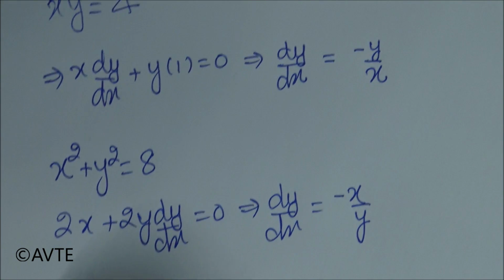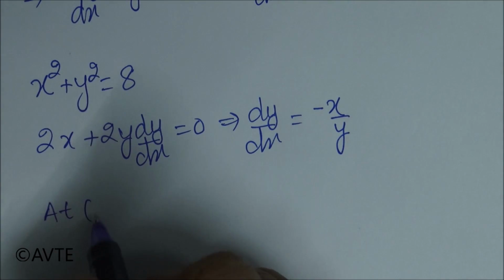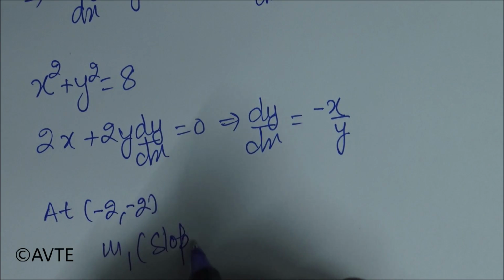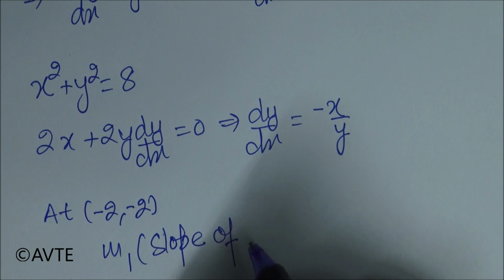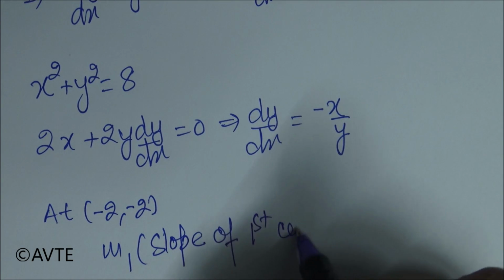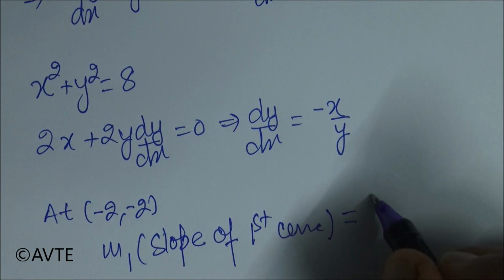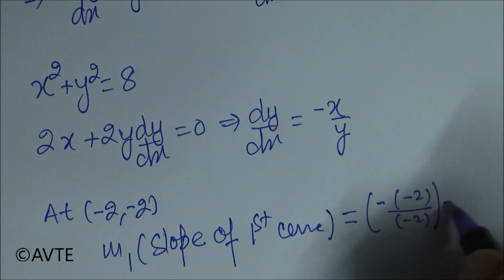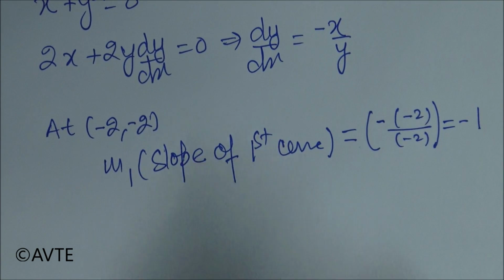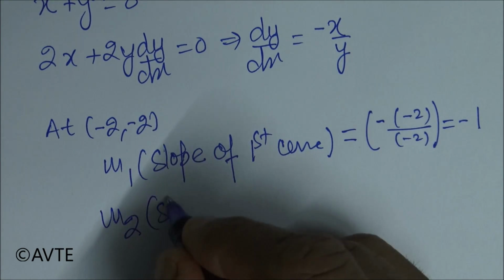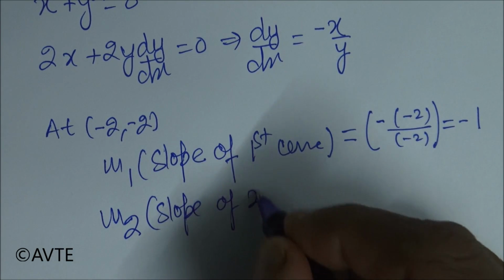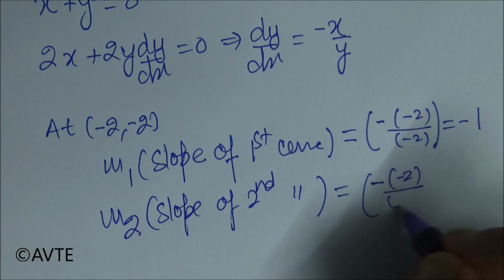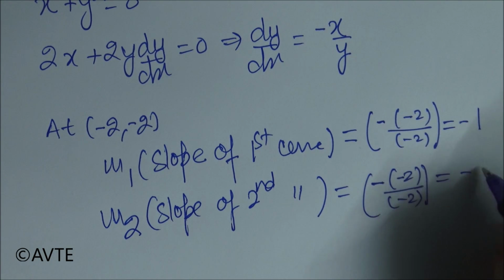So I'm now taking the point minus 2 comma minus 2, say m1, the slope of the first curve, which is coming as minus 1, and m2, the slope of the second curve.